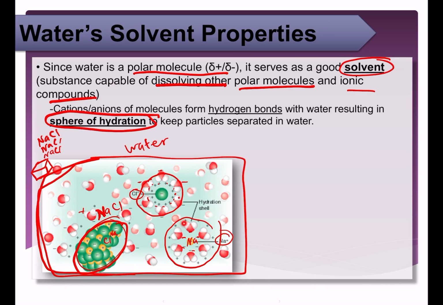Other than that, the salt is going to stay as individual ions after it's been dissolved because of this sphere of hydration that forms around these ions, pulling them off the block of salt one by one and keeping them all separated from each other. So you have a whole beaker of water full of sodium ions and chloride ions floating around all your water molecules. Okay?